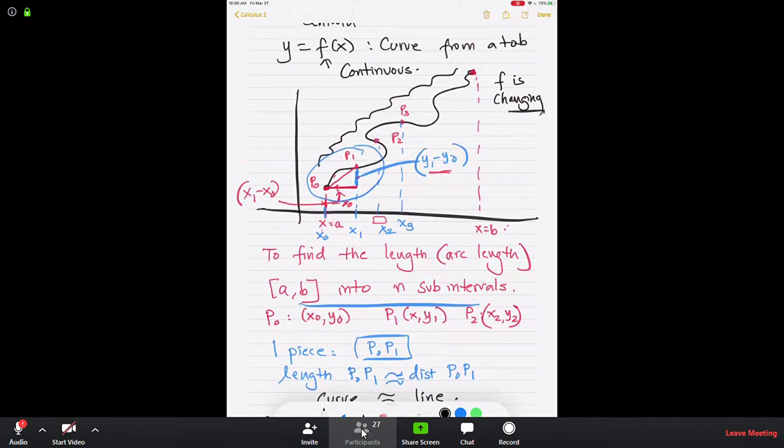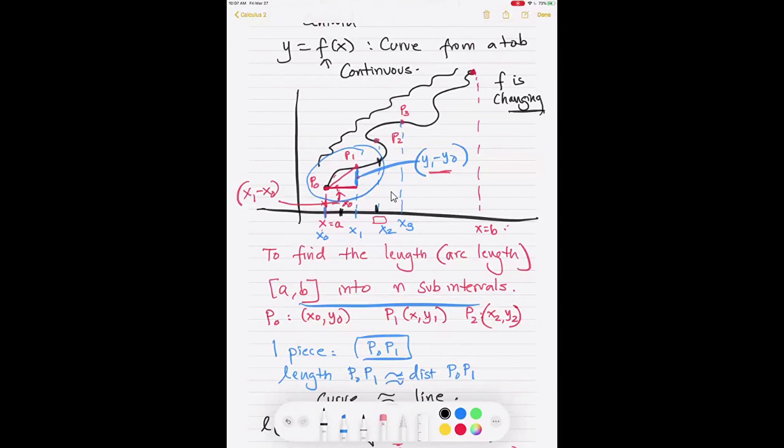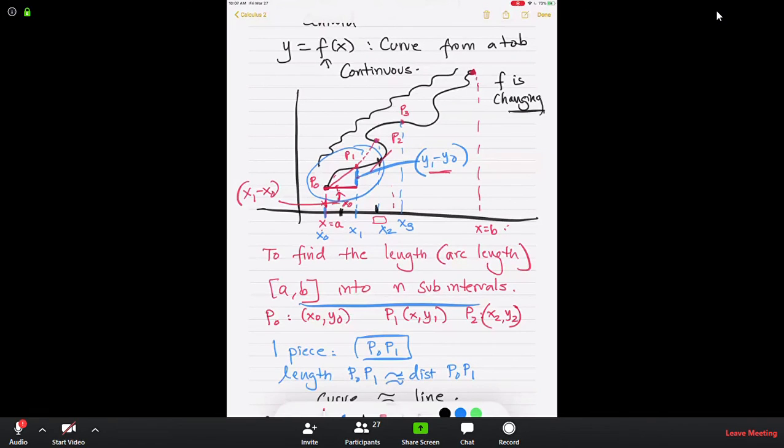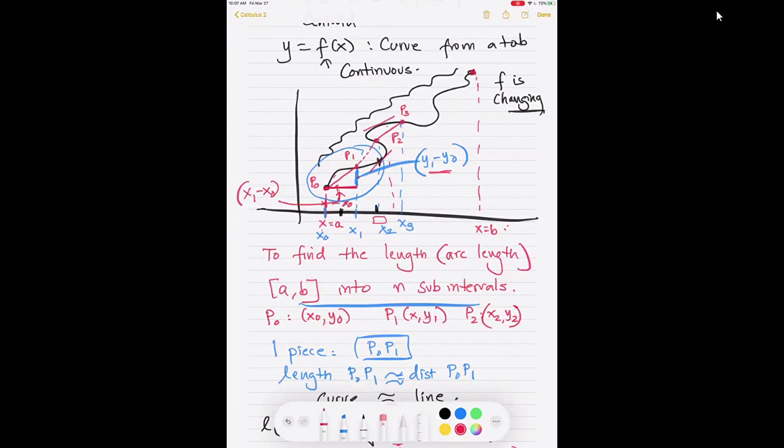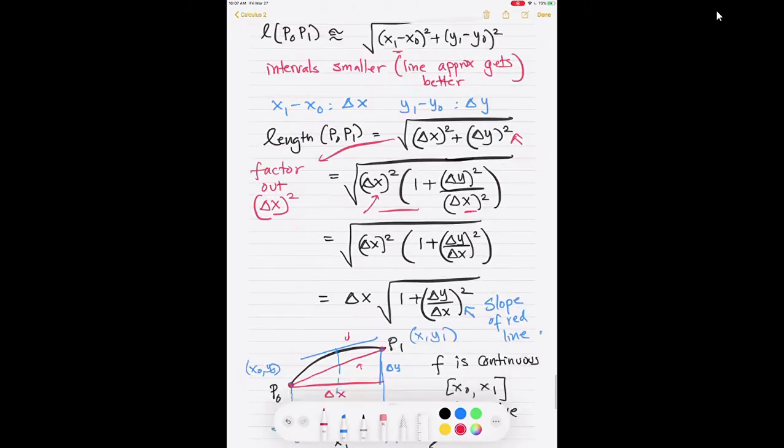So I claim there is an x1 star in each of these intervals. In each of these intervals, you have that. Here is the line joining, here is the value. Here is the line joining between x2 and x3. Here is the line joining. Well, here is the value. So I claim this is in every interval.